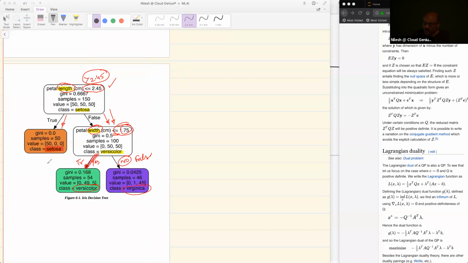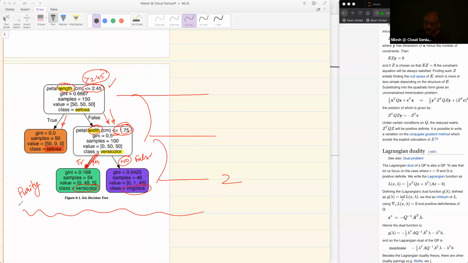So that is how you attempt to build a graph, or rather I should say a tree, a binary tree in this example, with only a certain depth. The depth you have is 2. You're going 1 and 2 down, and then you stop, like right here. The purity is not 0.